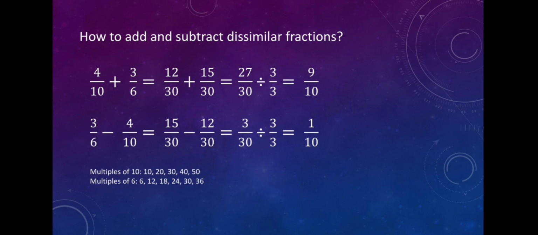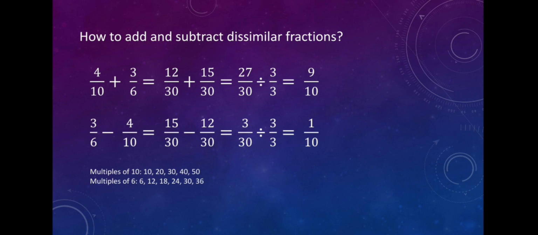The multiples of 10 are 10, 20, 30, 40, 50. The multiples of 6 are 6, 12, 18, 24, 30, and 36. So 30 is their common denominator, or the least common denominator.